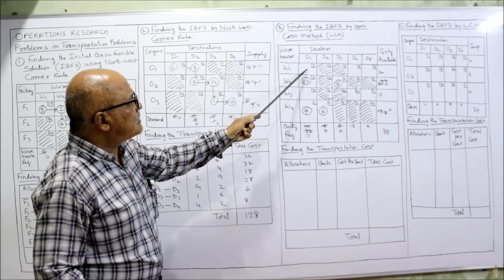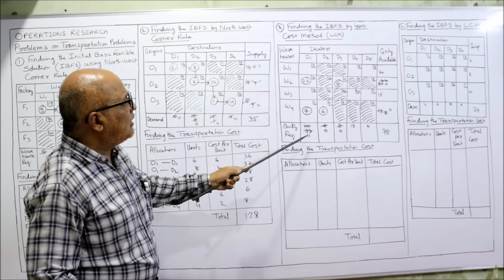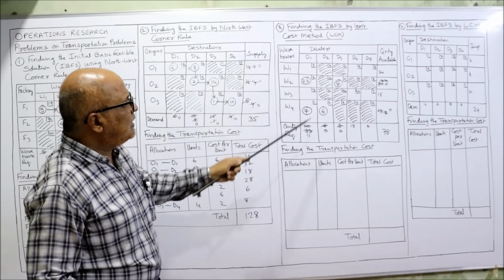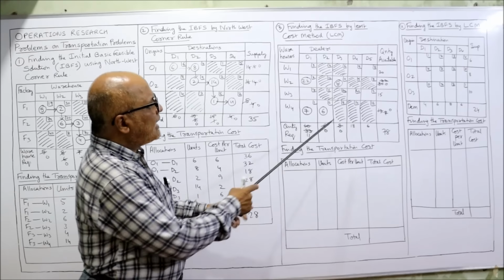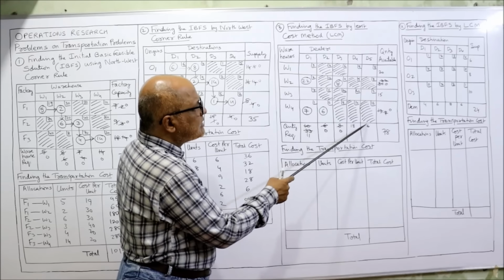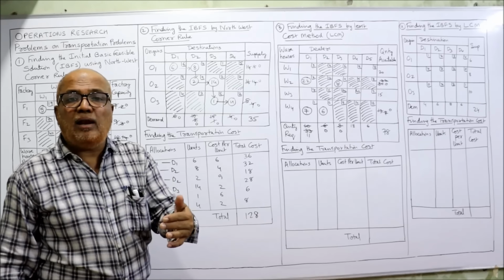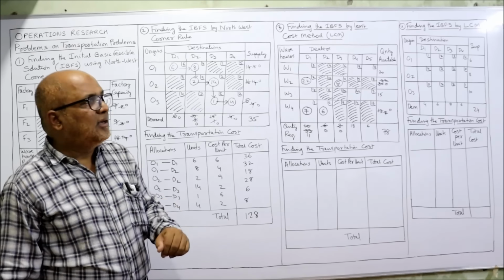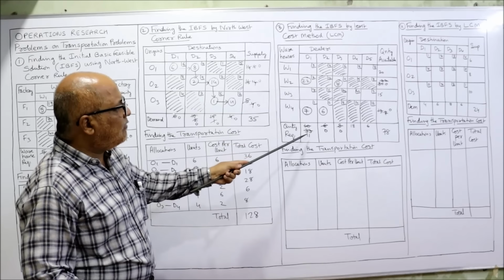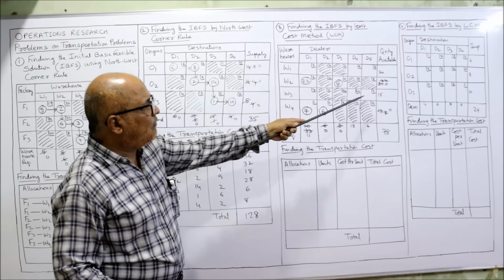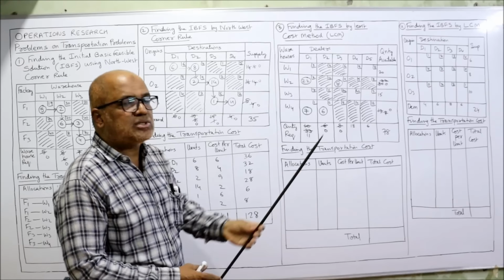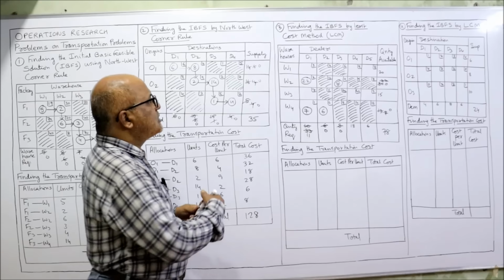If we select this 3, how many allocations can we make? 11. If we select this 3, only 6 allocations we can make. So wherever we can give more allocations, that should be selected. If we select this 3, 11 allocations we can get. If we select this 3, only 6 allocations. So better to select this one.